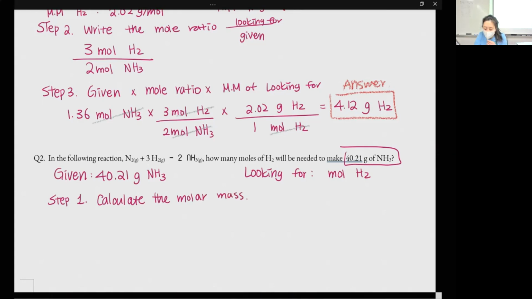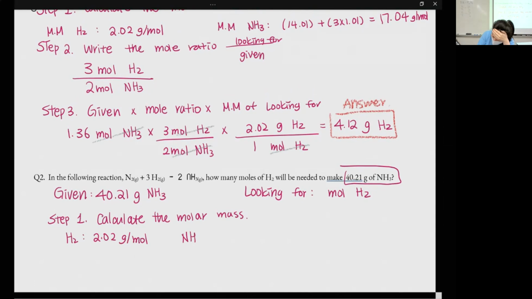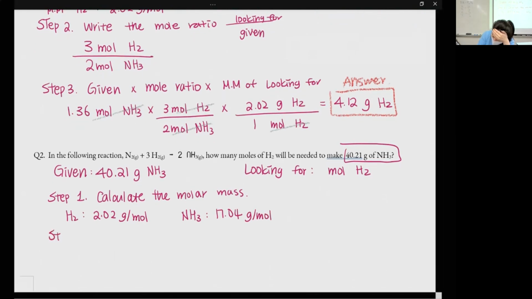But we already calculated them on the top, so I'm just going to use that. H2 is going to be 2.02, and then NH3 would be 17.04 grams per mole. Step 2 is write the mole ratio, where your given is on the bottom and what you're looking for is on the top.